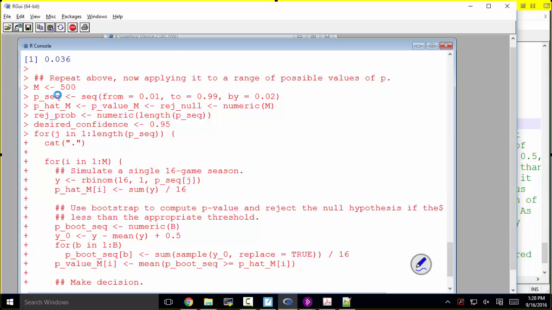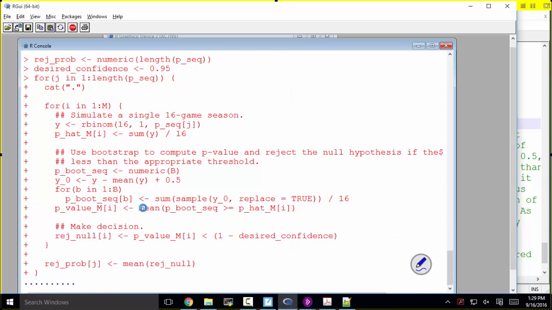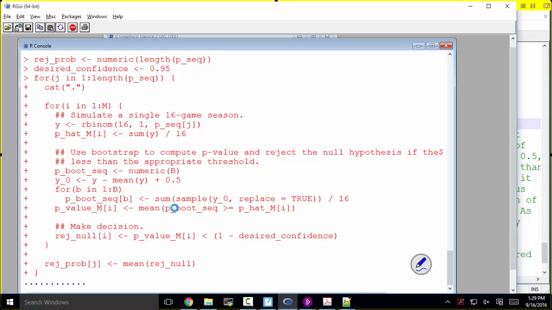I'm considering a partition of probabilities. So 0.01, and then 0.03, and then 0.05, dot, dot, dot, all the way up to 0.99. For every single one of those, we're going to treat that as the truth and do a simulation. So this is going to take a little while. I'll have to show you this next time because this is going to take a while.